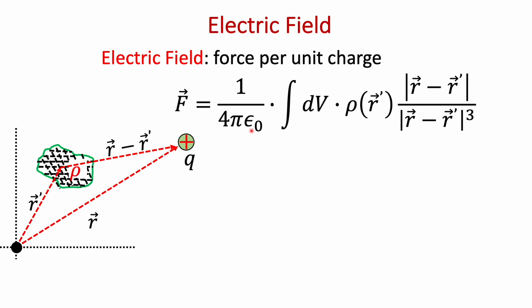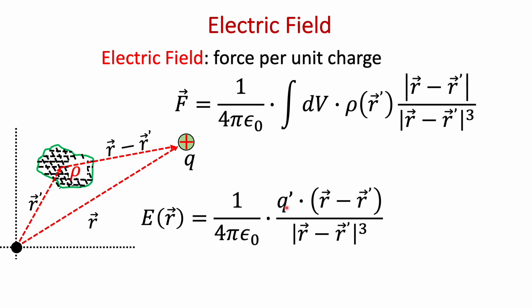So we are multiplying dV with the charge density rho, so we get the total charge in the volume dV. Then we multiply by the distance vector and divide by the magnitude of the cube of the vector. To calculate the electric field, we have to integrate this. When we integrate the charge density rho over the volume, we get Q prime, which is the total charge in this volume, and this vector as it is. So this is the electric field.